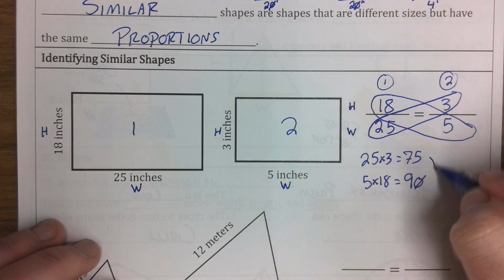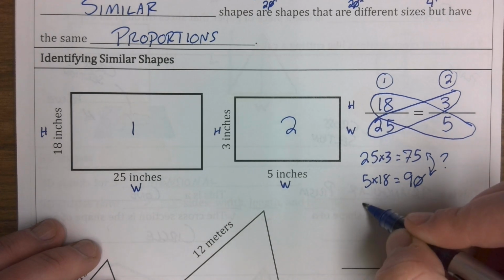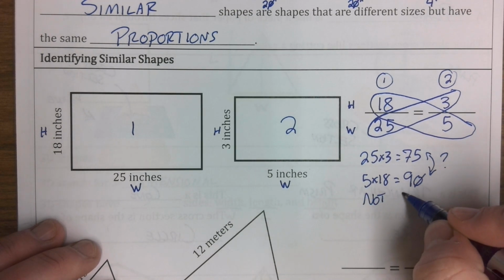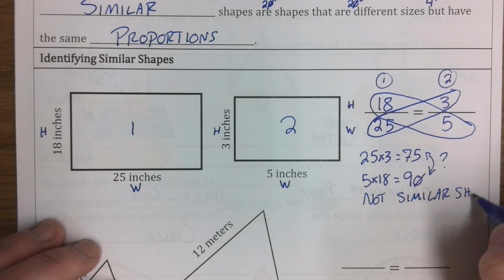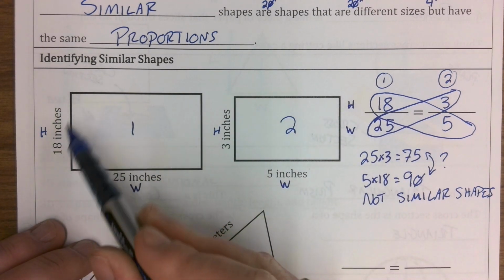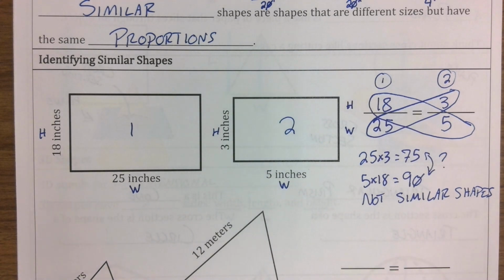Notice, are these the same? No, so these are not similar shapes. They do not share the same ratio of height to width. They have different ratios. If these were equal, they would have the same ratio, then they would be similar. But if they don't have the same ratio, they're not similar.